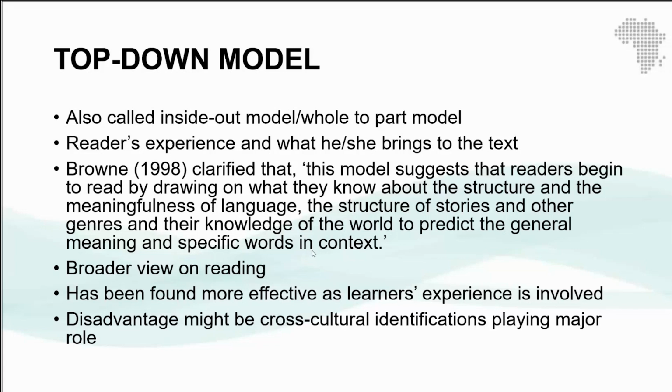Again, what we know about the top-down model is that it's a broader view on reading, and this works well for learners' experience, which is involved in this kind of reading. And on the other hand, the disadvantage might be cross-cultural identifications, which may play a major role.